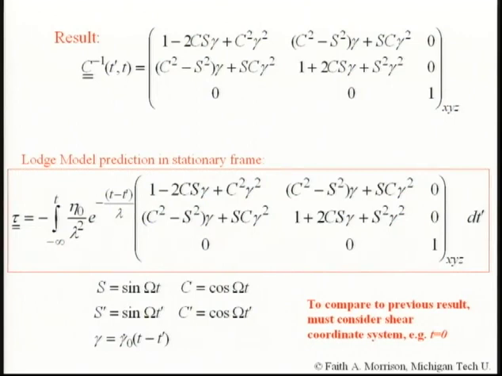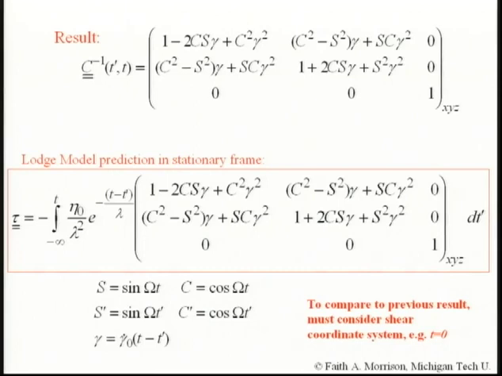You get a fairly simple result at the end of that calculation, which is the finger tensor written in the coordinate system off the turntable. So once we have the finger tensor, we put it into the Lodge model, and there's our result. Now, as we did before, to compare it with our previous result, we need to be in a shear coordinate system, which is at time equals 0.